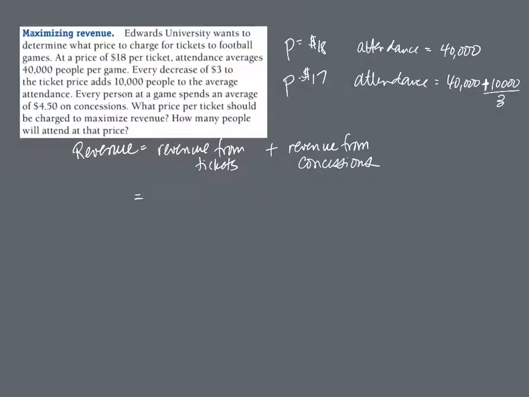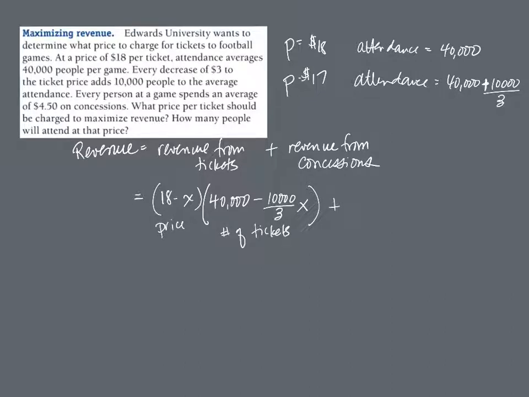So this is a matter of my price, which is 18 minus x, so how many $1 decreases, times my attendance. So my attendance is 40,000 plus 10,000 divided by 3 times x. So times these number of $1 decrease increments. So this is my price per ticket, and this is my number of tickets.